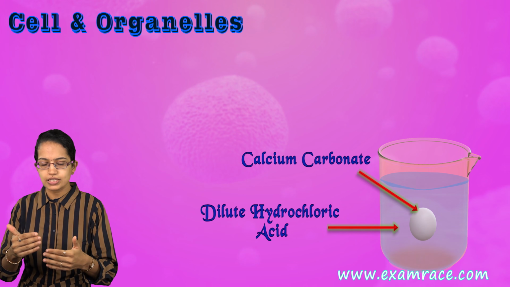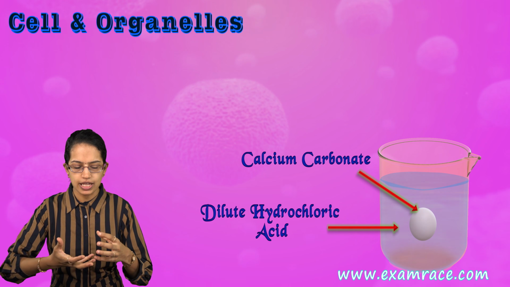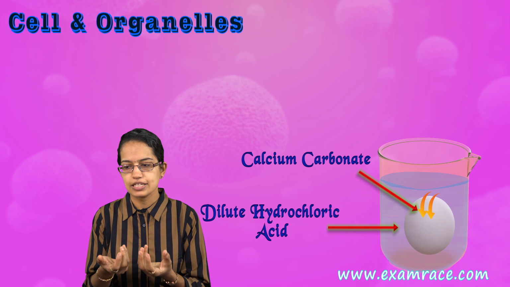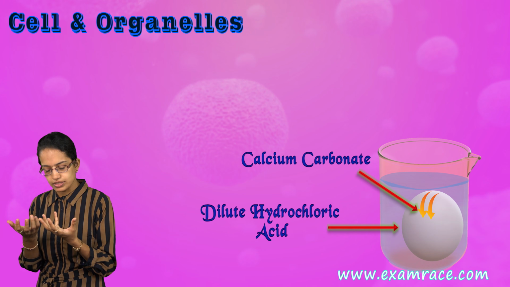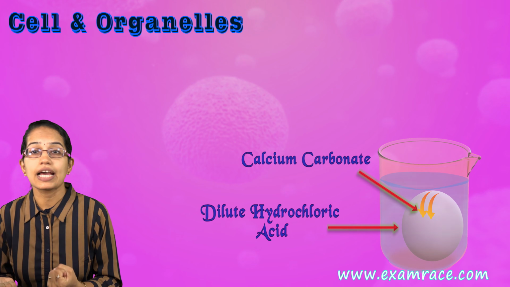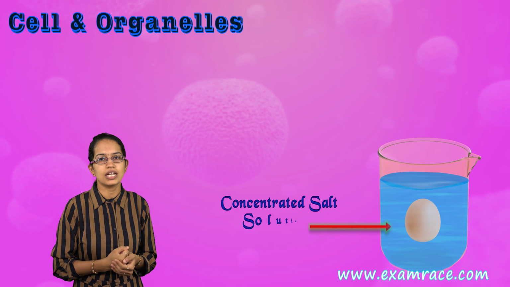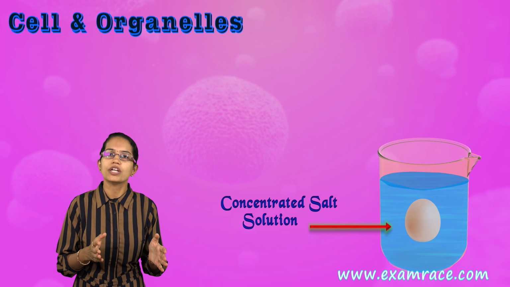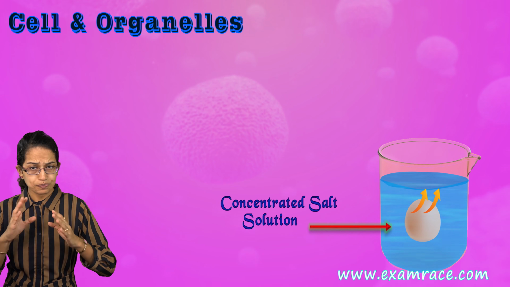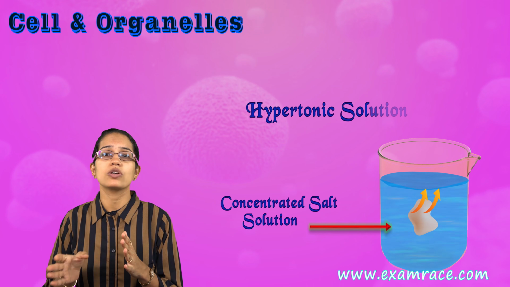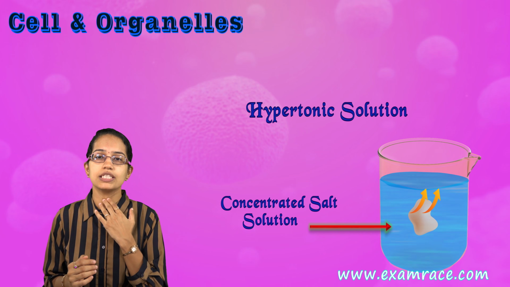So the outer skin which encloses the shell would allow the water to pass in, and there would be swelling seen. However, when a deshelled egg is put in a very concentrated salt solution, the water would gradually pass out. So there would be a kind of hypertonic solution that would be seen.